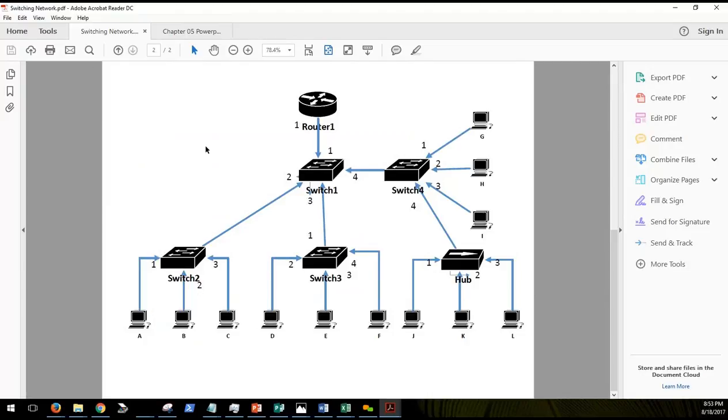What is it called again? This is called switching network. Switching network? Right.